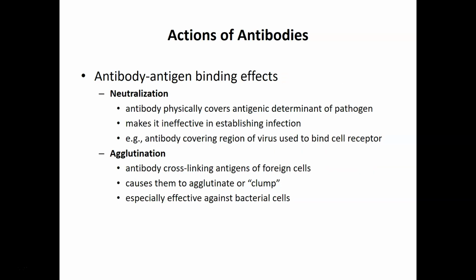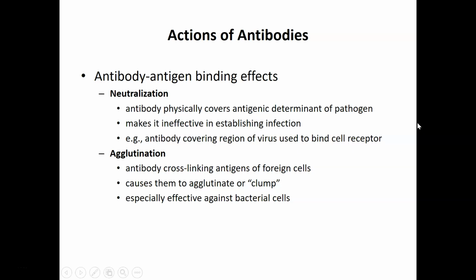Another thing an antibody can do is cause agglutination of a foreign antigen, and that's because there are two binding sites on the antibody. So it can bind to two different antigens, and then it can form this big chain of antibody, antigen, antibody, antigen, and that forms an agglutination, basically a clumping of antigens, and that is going to be a target for macrophages to internalize and break down.